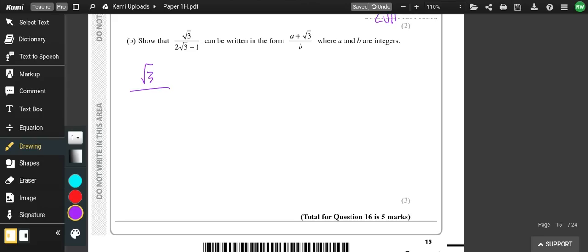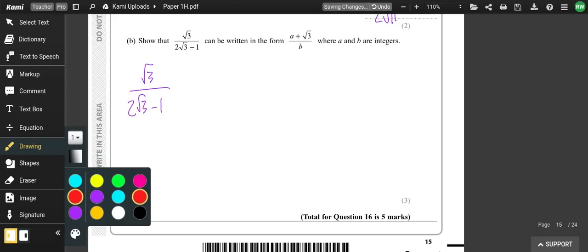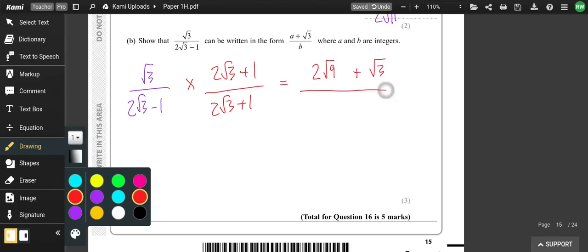This one, we're going to have 2 root 3 minus 1. We always times by its opposite, 2 root 3 plus 1. That will clear the denominator's surds. So on the top, we have root 3 times 2 root 3 is 2 root 9 plus root 3 times 1.